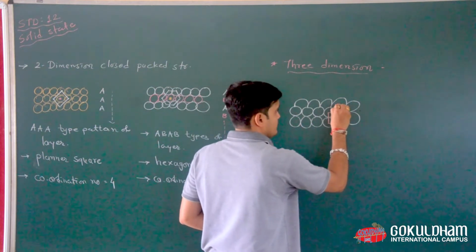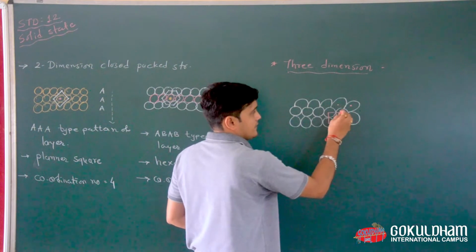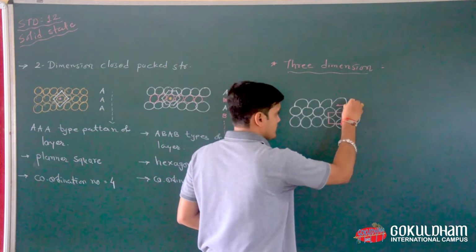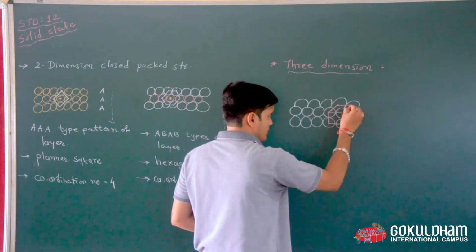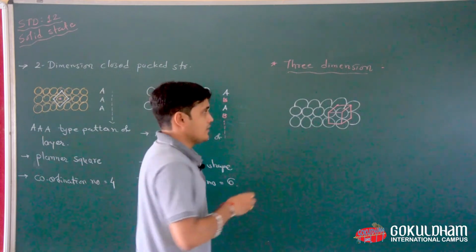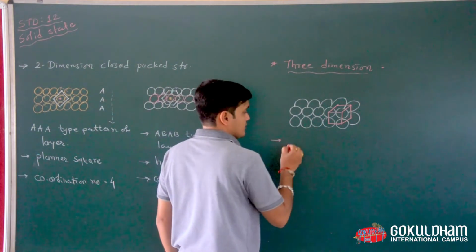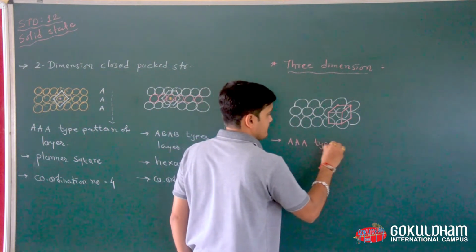The centers of these molecules in the layer behind, these points are connected with each other, and you will see one simple cubic structure. In this 3-dimensional structure, the pattern of layer is AA type.